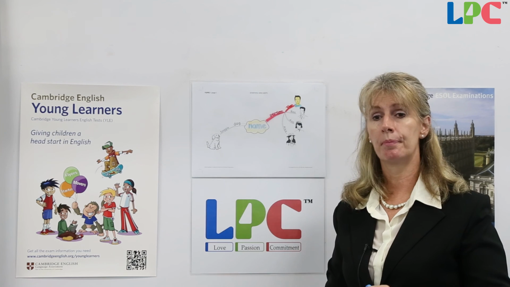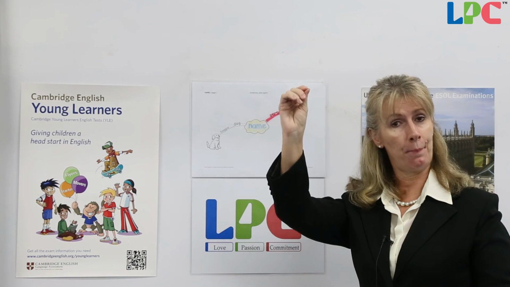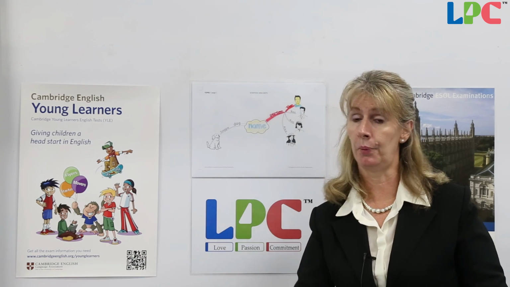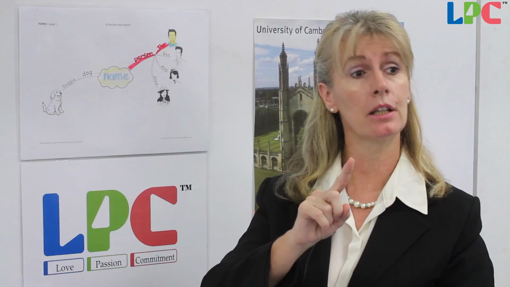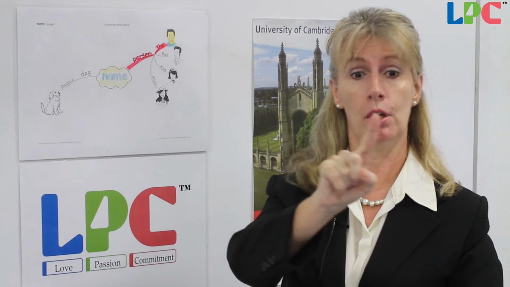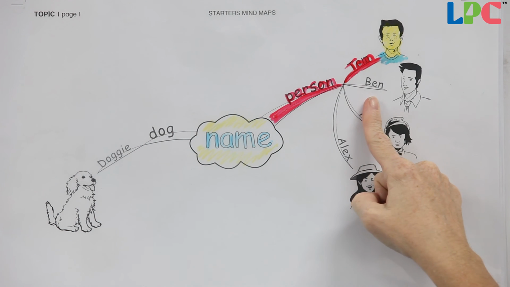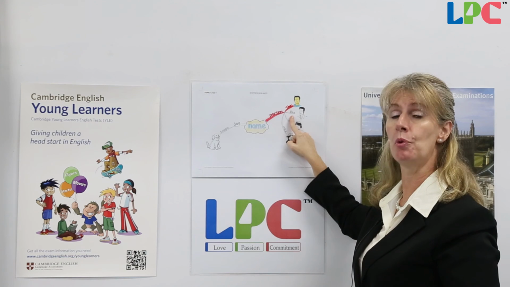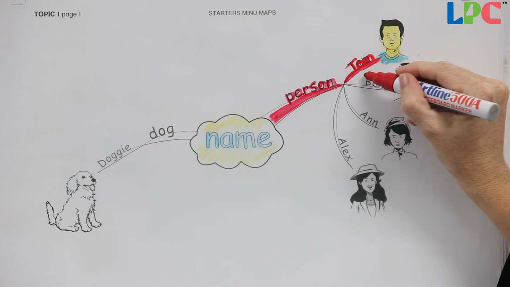Look at your class. Who's finished? You finished. Now it's time for everyone. Pencils down. Now bring the children's attention back to the mind map. Look. Ben. With your red pencil, write Ben. B-E-N.